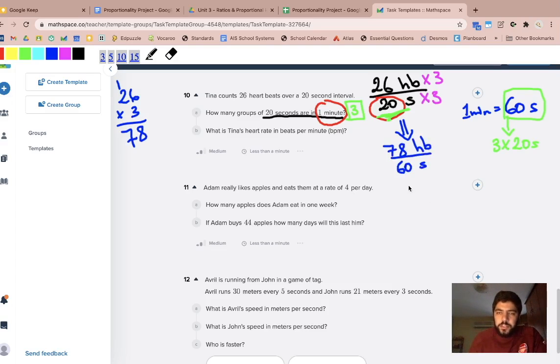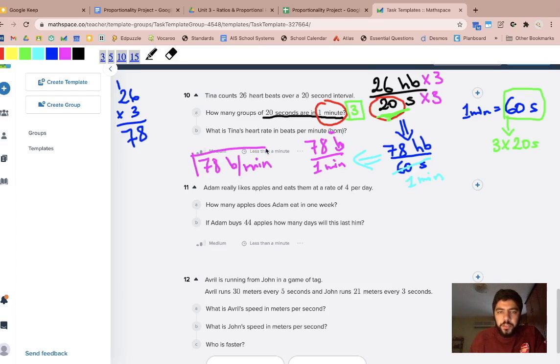Now you can say this isn't a unit rate, we didn't get per second or per minute, but we can easily cross this out and say 1 minute. And so this actually becomes 78 beats, let's just say beats since they use it here, per 1 minute. So 78 beats per minute.